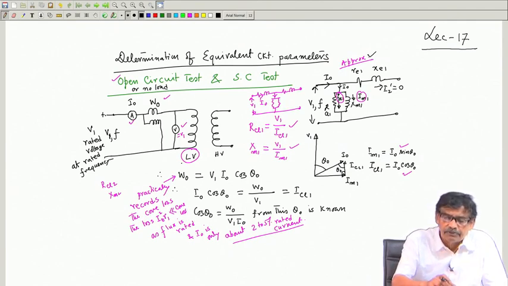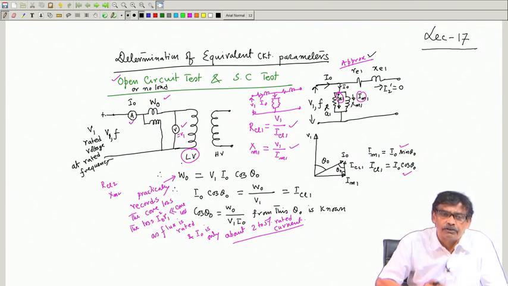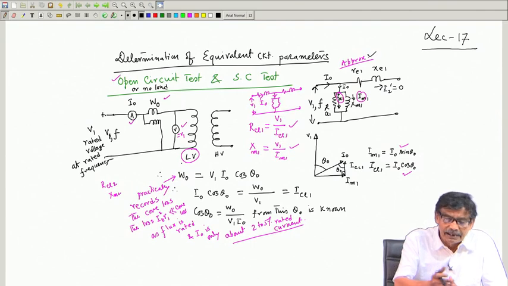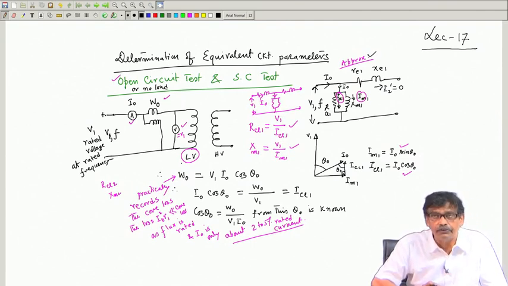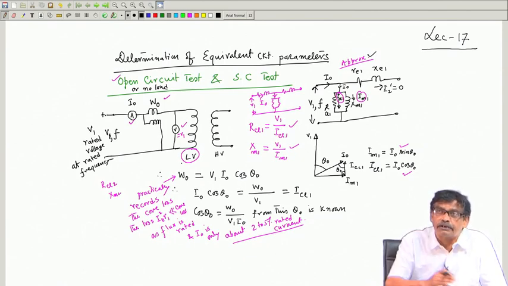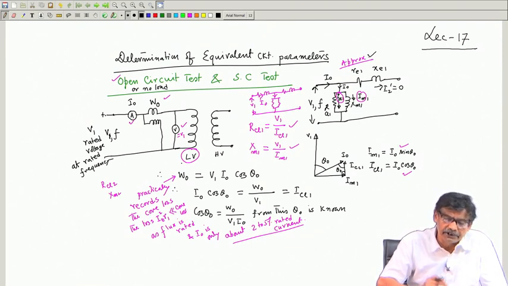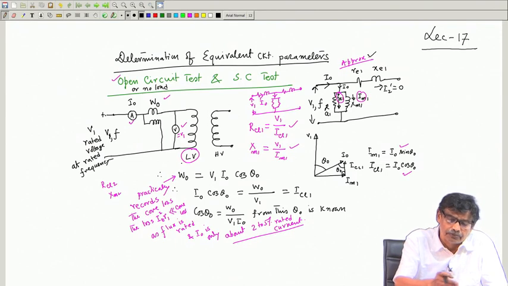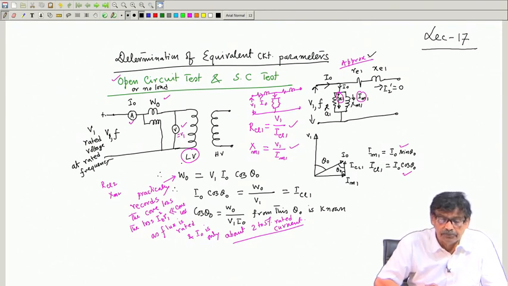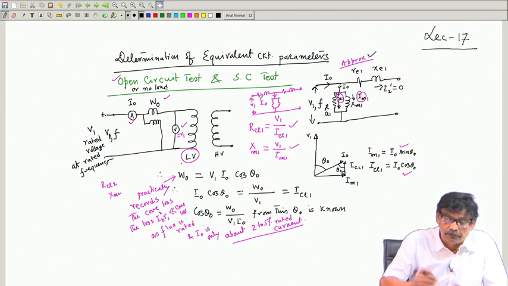Similarly, the current coil of the wattmeter should be of the order of 2 ampere range. Of course, a 5 ampere range ammeter and a 5 ampere range current coil of the wattmeter will do, but accuracy will be better if you use lower ranges of ammeter and current coil rating of the wattmeter. The pressure coil rating of the wattmeter is of course the rated voltage of the transformer.